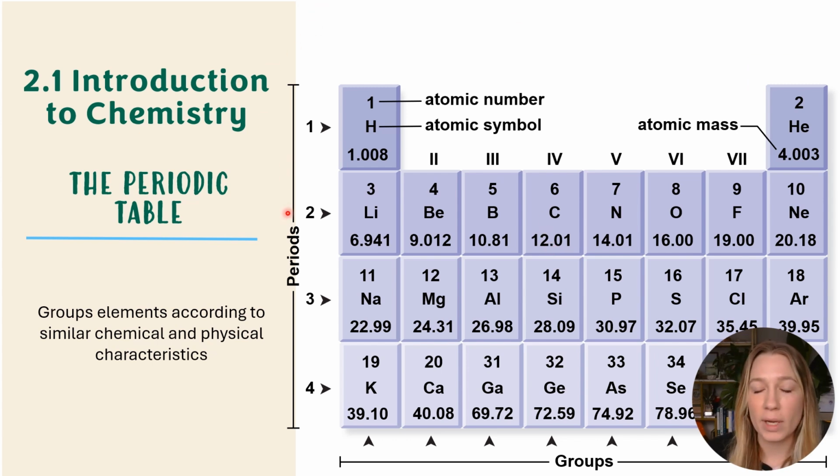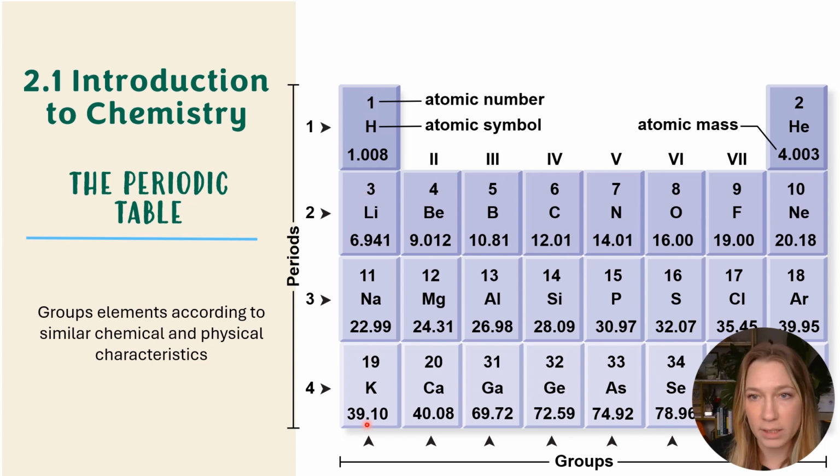Our periodic table is arranged into rows that we call periods, and then they are arranged into columns called groups. Elements within the same column or the same group have similar chemical properties because they share the same number of valence electrons, or electrons in its outer energy ring, which we will discuss shortly.